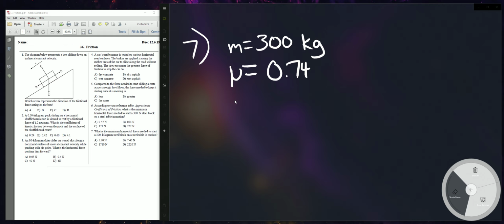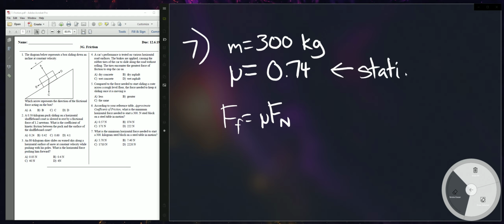They're not giving you the weight, they say a 300 kilogram steel block, not a 300 newton one, but you still have to figure out your frictional force. They're asking for the minimum horizontal force required to get the box to move, so you're solving for static friction.